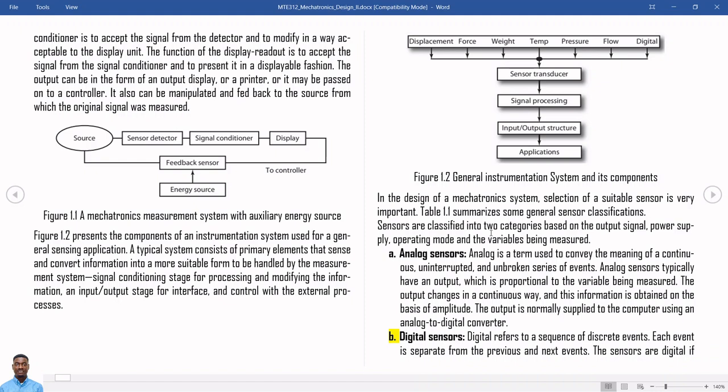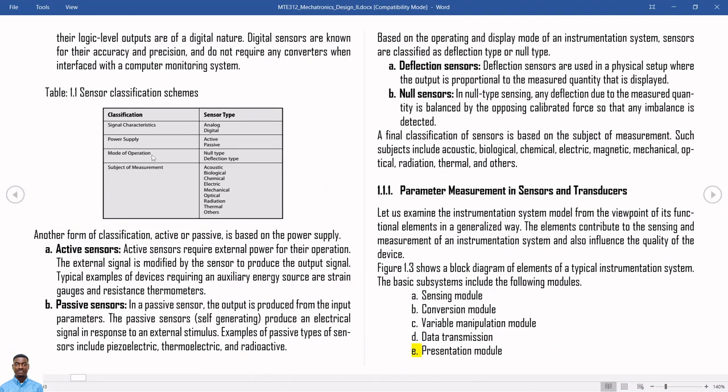So the first one we're looking at is the analog sensors. But before we go into analog sensors, let's look at table 1.1. This table is showing us the classification of sensors and the sensor type. When we're talking about signal characteristics, we're talking about analog and digital sensor type. So the signal from a sensor can be analog or digital.